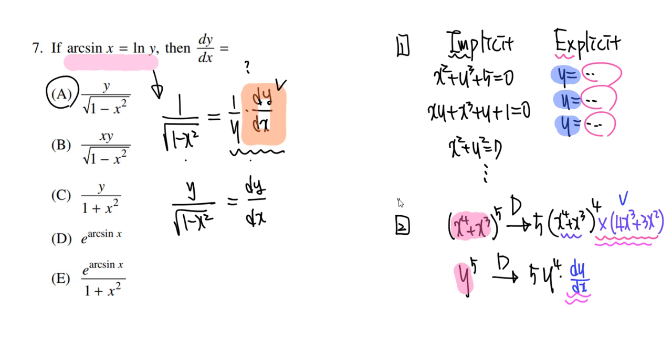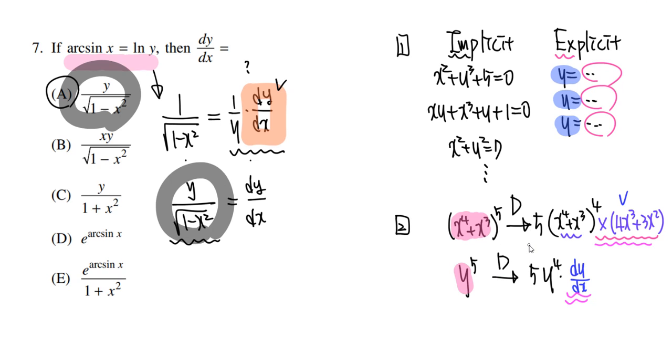This is the reason why we have this after differentiating. The result, we already have here, that's an A, and I explained why we have to have a dy/dx after differentiating y.